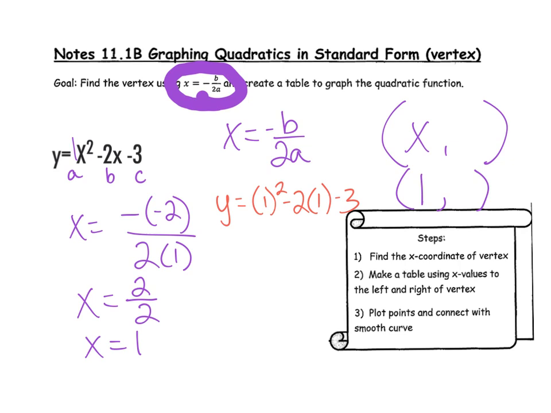Okay, what will my y be? 1 minus 2 minus 3. That is my y. So what just happened is I found my vertex from finding my x and then plugging in x, and I found y.